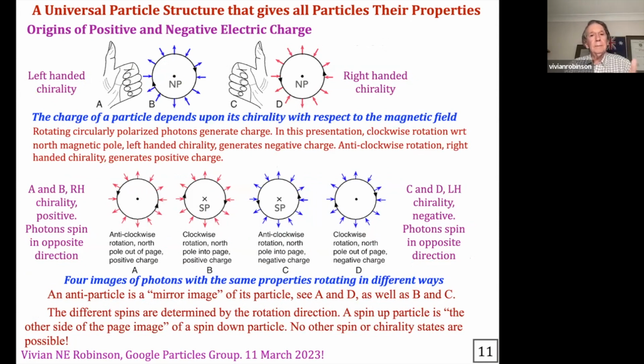And if you have a case, and I'm saying if you've got left-handed chirality, as shown here, the North Pole points out of the page, the photon rotates clockwise, and I'm using that as suggesting that that is negatively charged. On the other hand, right-handed polarity gives the North Pole pointing out. The photon rotates anti-clockwise, and I'm suggesting right-handed chirality gives positive charge.